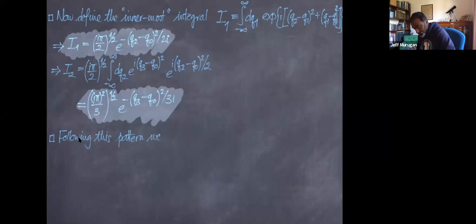If I follow this pattern, we'll find that the nth integral, the n minus first integral, I_(n-1), will come out to be (i pi to the n minus 1 over 2) over n to the half, square root of n, times the exponential of minus (Qn minus Q naught) squared.